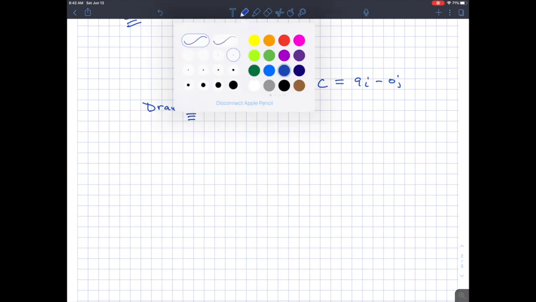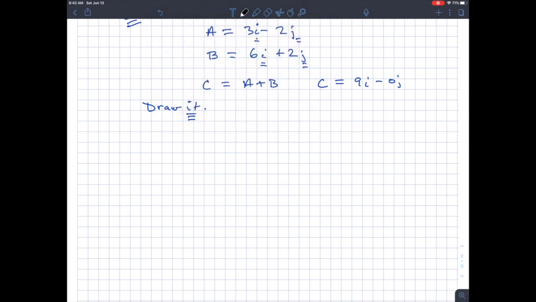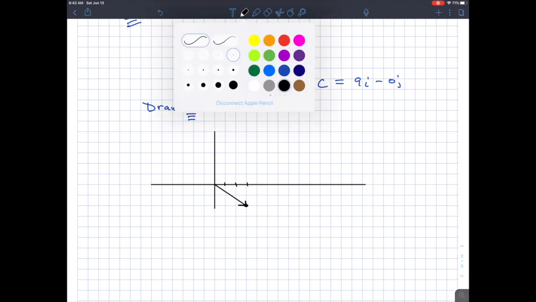All right, so let me change the pen color, put down an axis. Okay, so A is 3i. So I go over 1, 2, 3, minus 2j. Here is the vector A. Okay, I'll change my pen color.